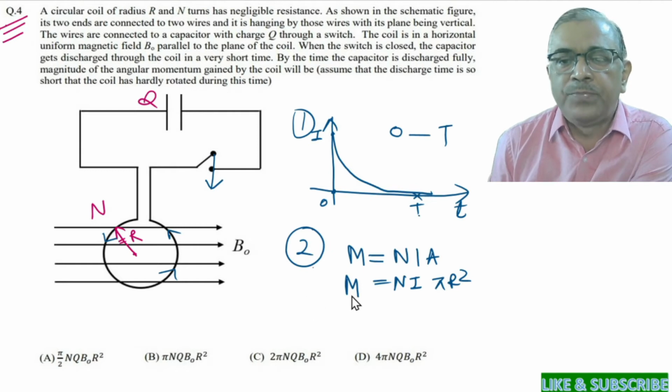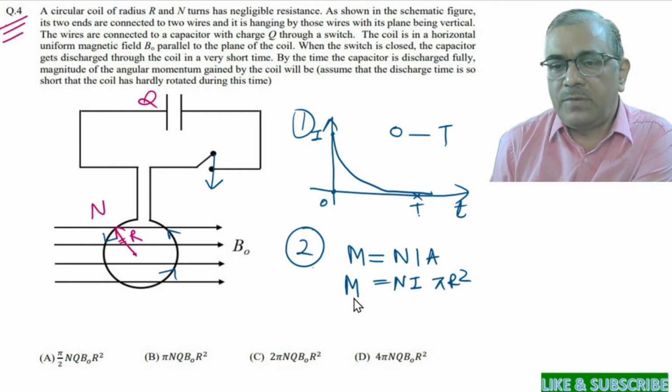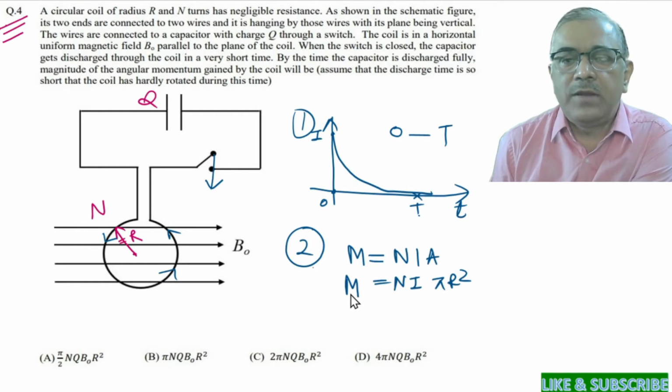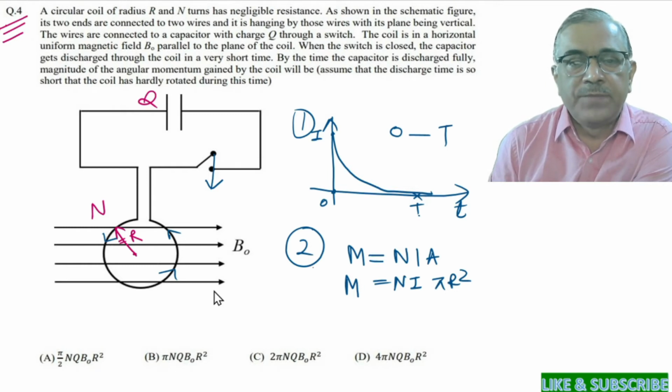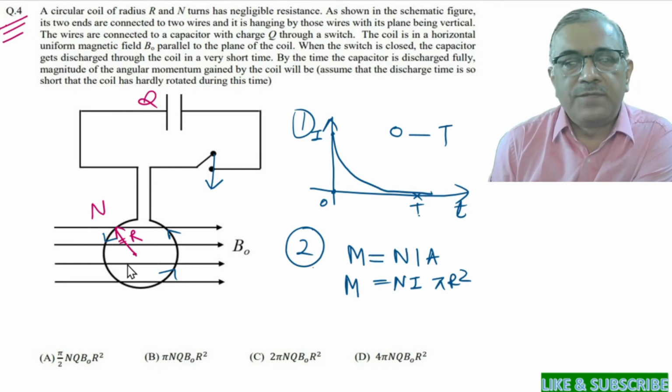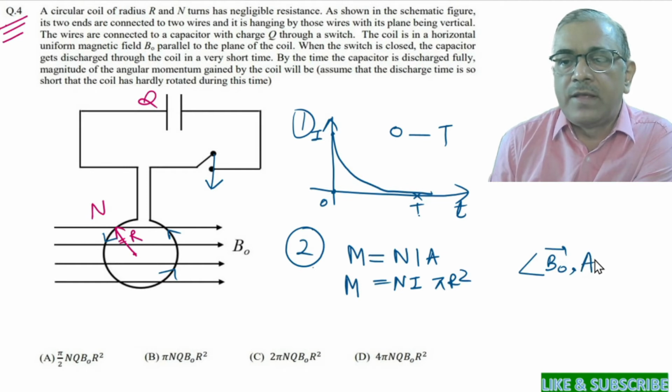Point number 1, this magnetic moment is a vector physical quantity and its direction can be obtained by the right hand thumb rule, which suggests that the magnetic moment is coming normally outwards. Because it's coming normally outward, we expect that the angle between the magnetic field and the area vector is 90 degrees initially.